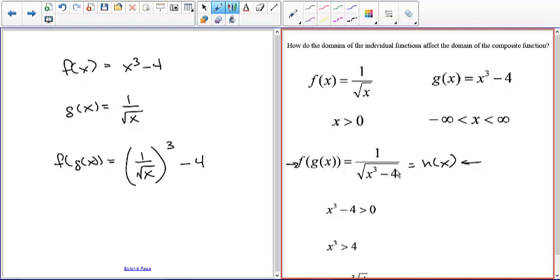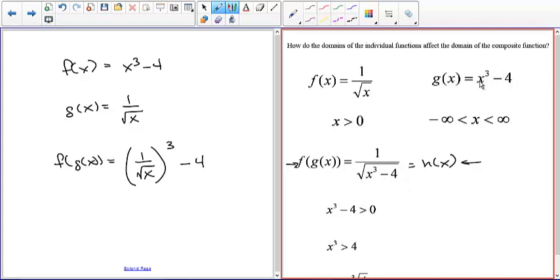But the reality is that because of the limitation on the square root of x, as far as the domain has to be greater than 0, this x here has to be greater than 0. Therefore, when you put it in there to make the composite function, this domain has to be limited so that the function can be evaluated.